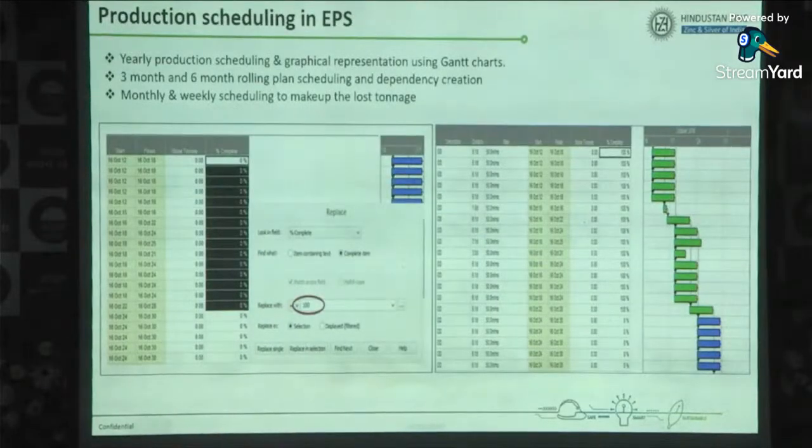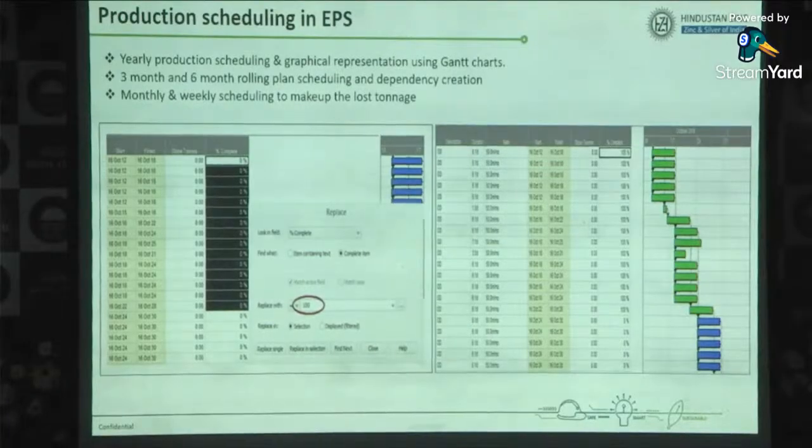These are some production schedules that were developed in EPS, like Datamine EPS: yearly production, monthly, 3 month production, weekly production. In production planning, we have 3 to 4 types of schedules. Every week, we used to reschedule our monthly plan.